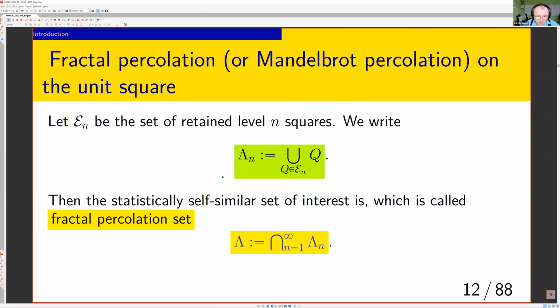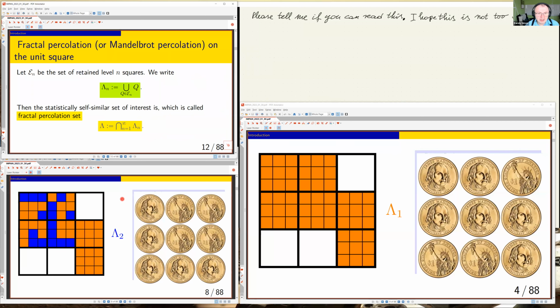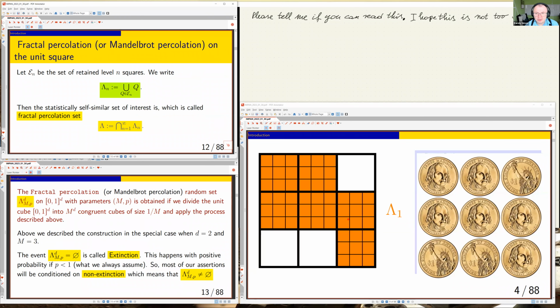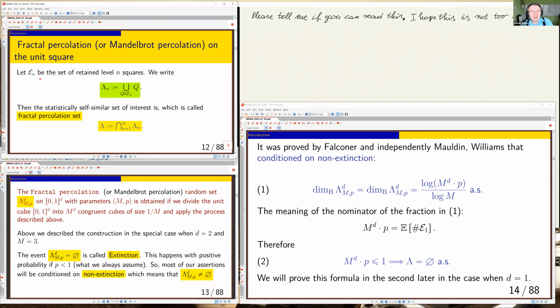Now I go back, because from now on I will refer to various things, so I need some definitions, and that's why I need more screen. E_n is always going to be the set of retained level n squares. I would write it down here. I hope that you can see it.